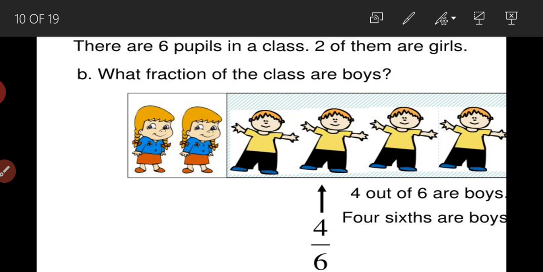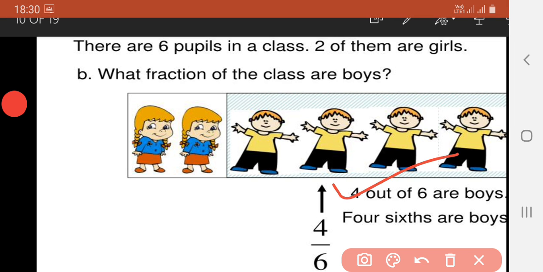So the number of girls is 2, the number of boys is 4. So boys are 4 out of 6 and the number of girls are 2 out of 6.